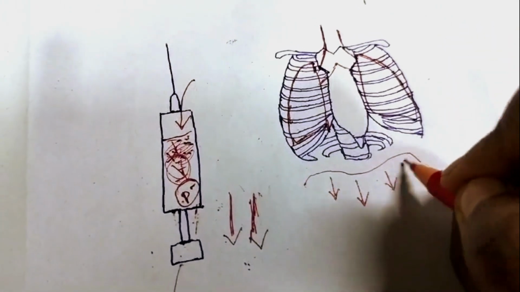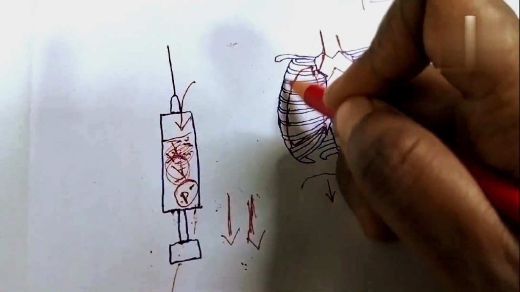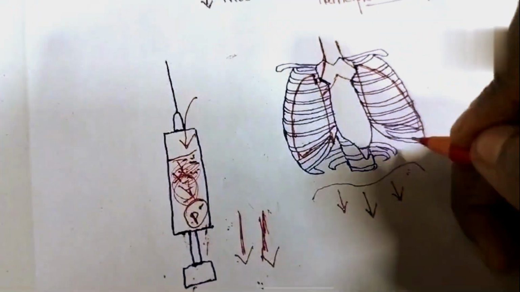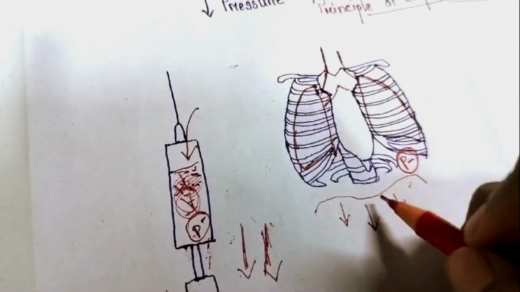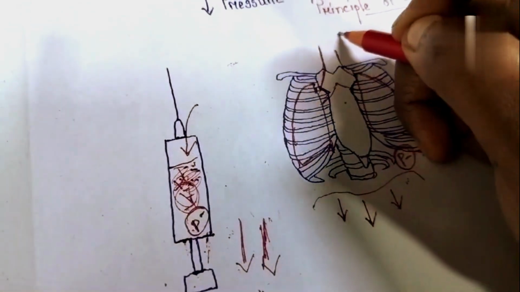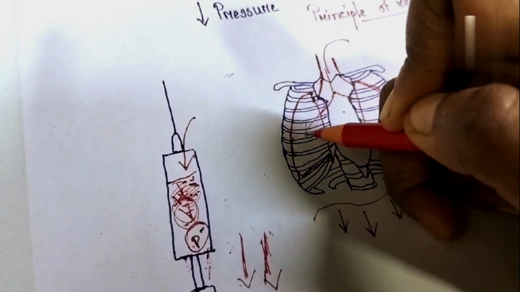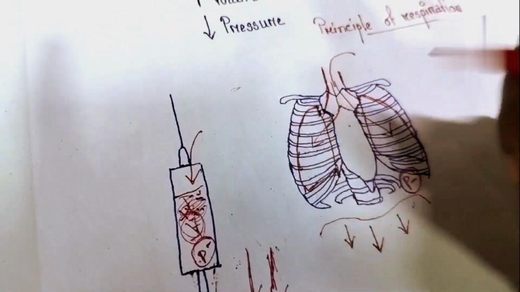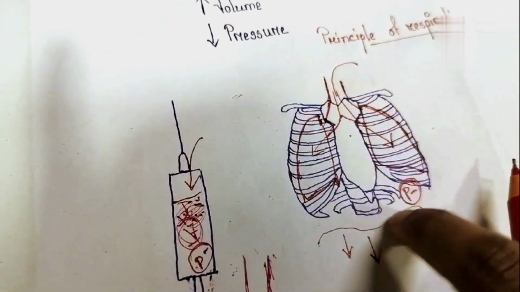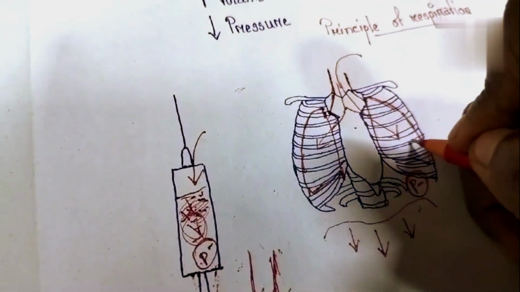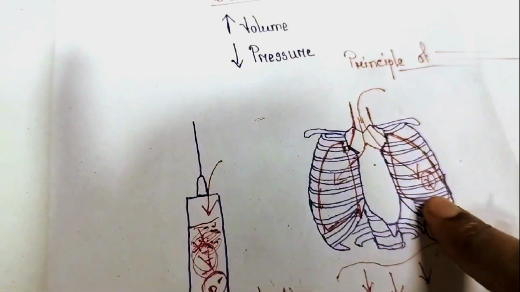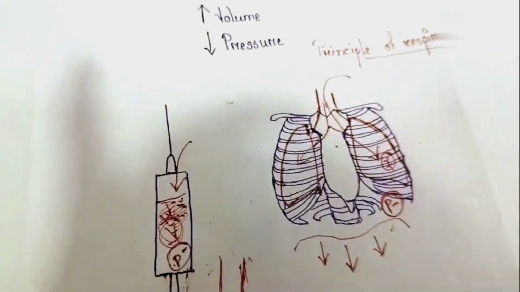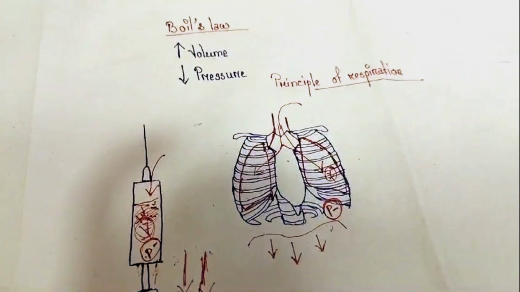The intrathoracic pressure will decrease and the air will be sucked into the lungs. That's how inspiration occurs. Because intrathoracic pressure decreases, the volume of air gets enough space to fill the lungs. So this is how inspiration occurs.